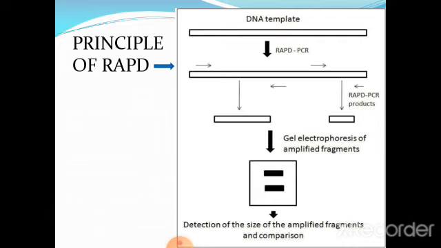You can see the two bands, two amplified DNA pieces, and that you can always separate out on gel electrophoresis, and you will get the banding pattern as shown in the diagram. So detection of the size of the amplified fragments is done, and therefore you can always compare. This is the basic principle of RAPD.